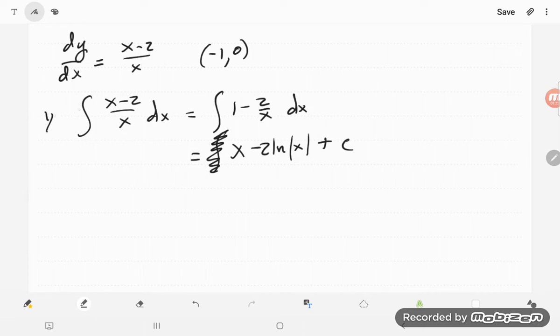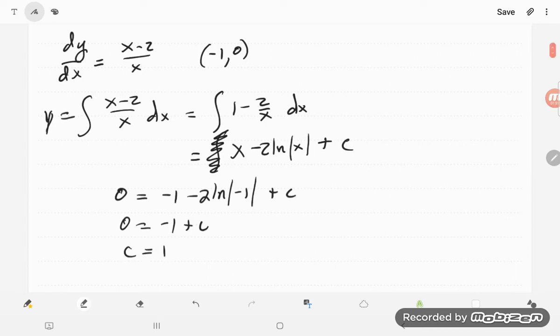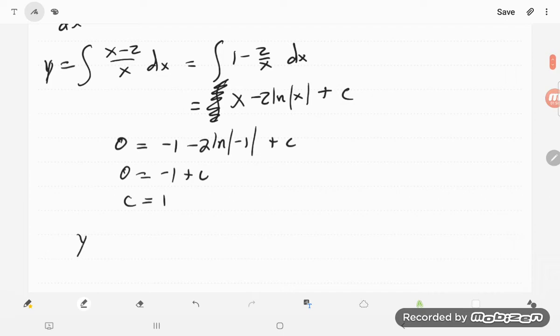So here I should have y is equal to, so I get 0 is equal to -1 minus 2 natural log of the absolute value of -1 plus c, and absolute value of -1 is 1, log of 1 is 0, and so we just get 0 is equal to -1 plus c, so c is equal to 1, and that says our function with this initial condition is y equals x minus 2 natural log absolute value of x plus 1.